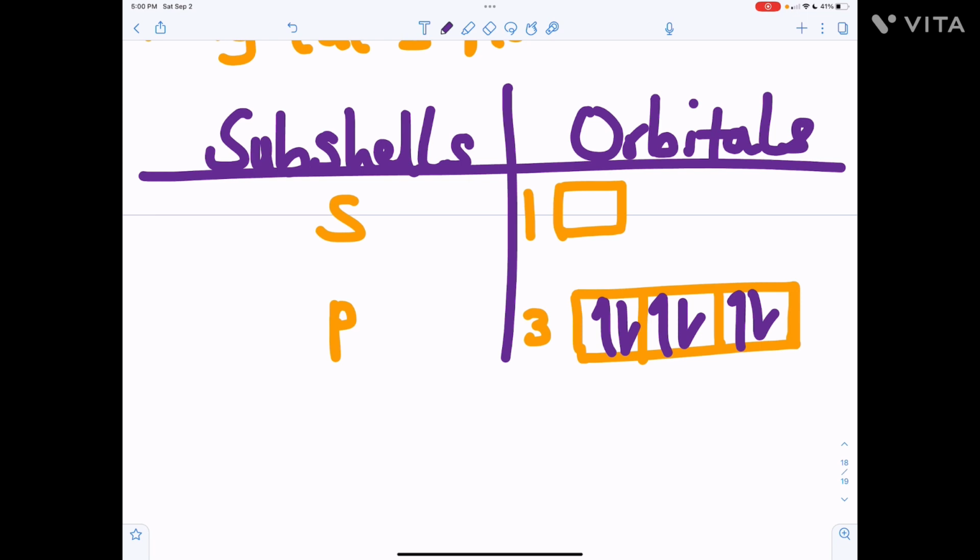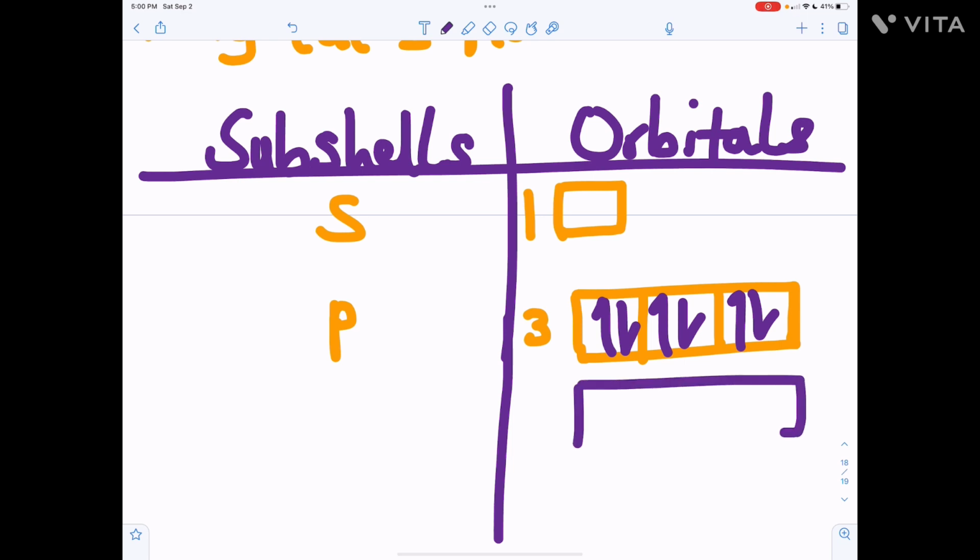That's exactly what we mean by Hund's rule. You can see that I filled it singly first before doing pairing. I did not fill it like 1, 2, 3, 4, 5, 6. I went singly first, 1, 2, 3, before doing the pairing. That's how electrons occupy orbitals in the same subshell, and that's Hund's rule right there.